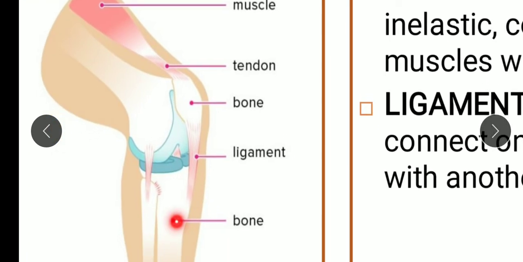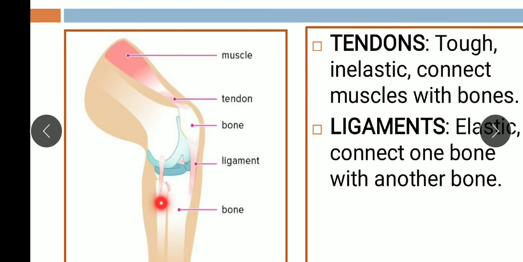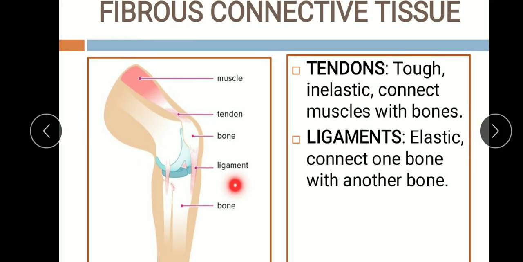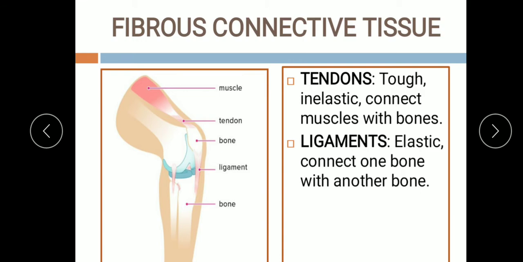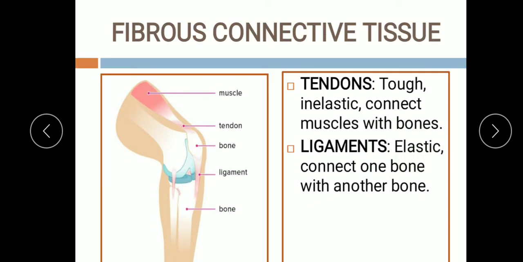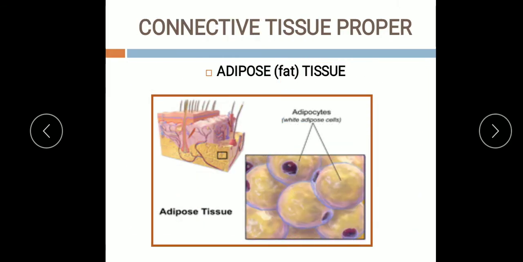You can see here one bone of the leg, and this is another bone. So two bones are connected with the help of ligaments. Understood? Tendons are tough and inelastic and connect muscle with the bones, and ligaments are elastic and connect one bone with another bone. So these are fibrous connective tissue.